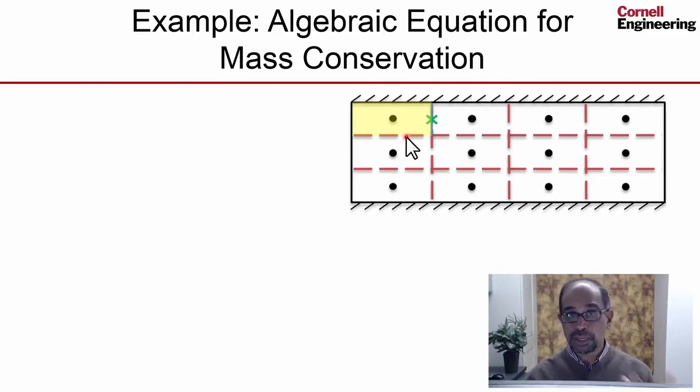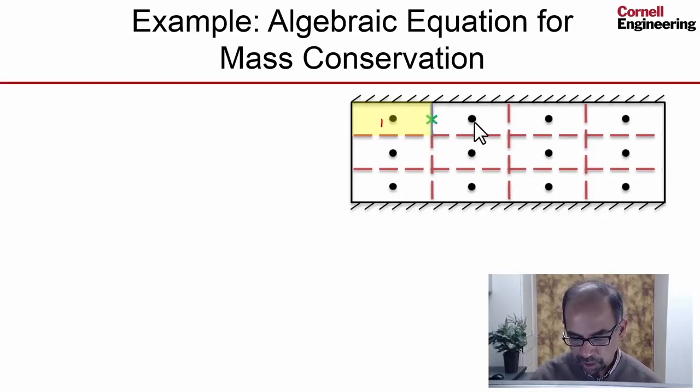Mass and volume are equivalent in incompressible flow because they differ just by a constant, the density. Let's focus on this face first and assume that the average value of velocity at that face is equal to the value at the midpoint that's shown by the cross. And that's an approximation.